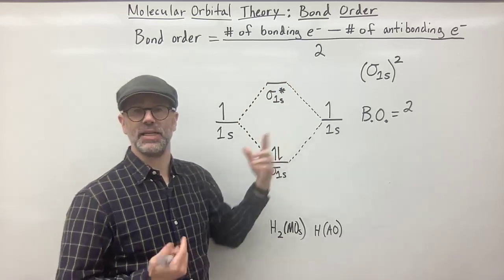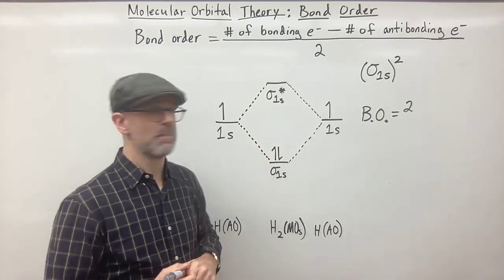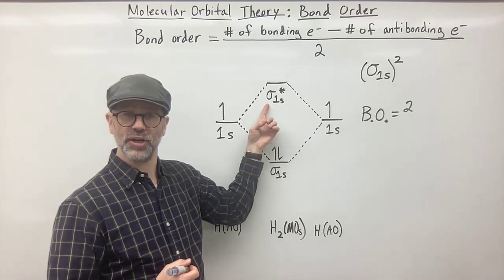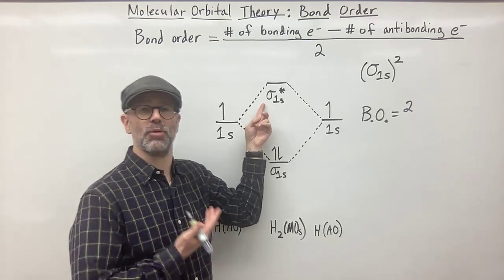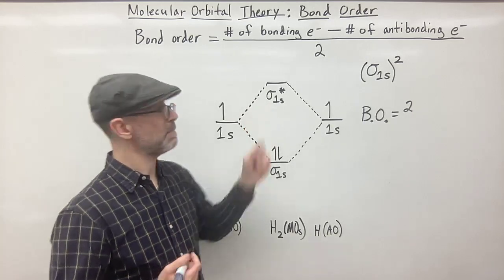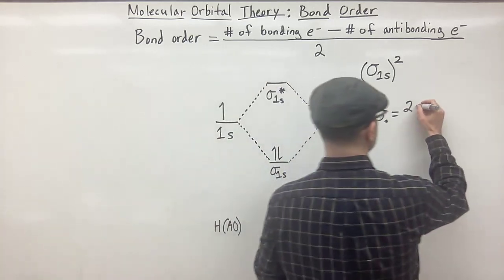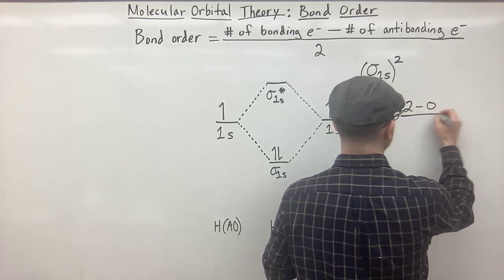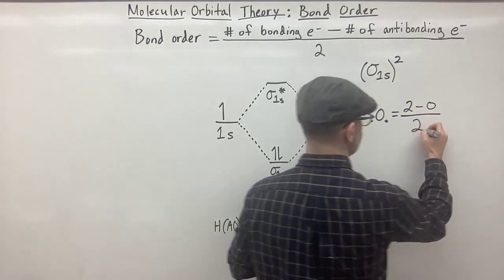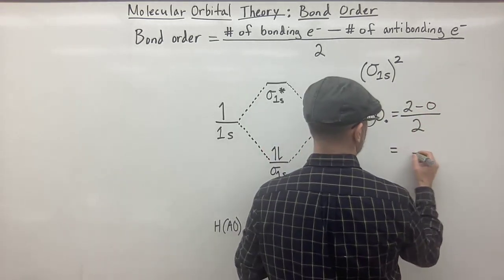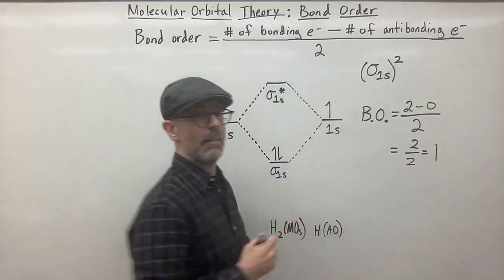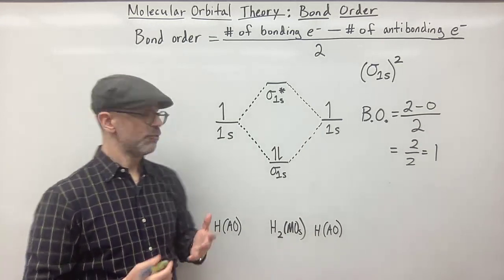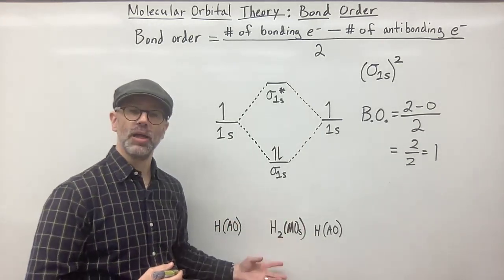We don't have any electrons in any anti-bonding molecular orbitals. Here we have the sigma 1s star. That is an anti-bonding orbital, but there are no electrons in it. So that's subtracting 0. We divide that by 2, so that's 2 over 2, which is equal to 1. So we have a bond order of 1 for the H2 molecule.